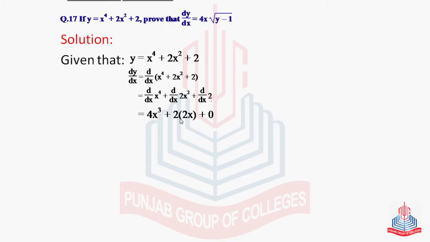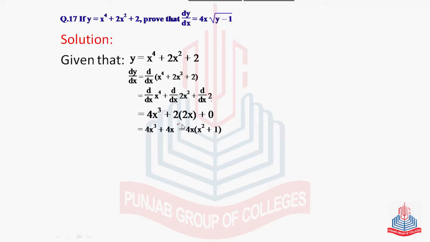Derivative will apply only on x square, which is 2x, plus this one is a constant term, so derivative of 2 will become 0. And this is actually 4x cube plus 2 twos are 4x, and we can take 4x common from these two terms, so we have x square plus 1. Actually this one is dy by dx.